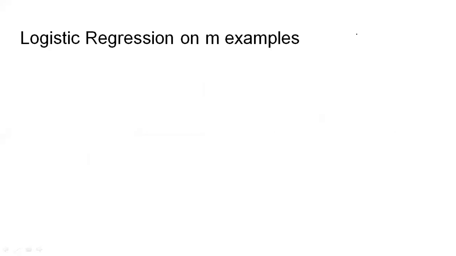So we have logistic regression on M training examples. For logistic regression with M training examples, we generally define a cost function as J of W comma B, where W and B are our parameters.